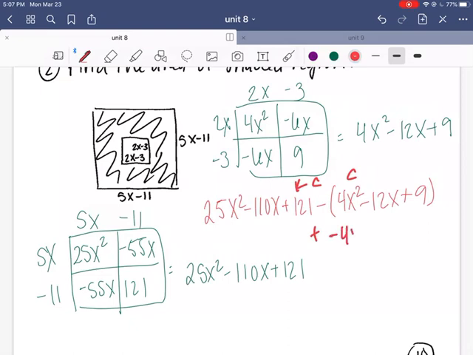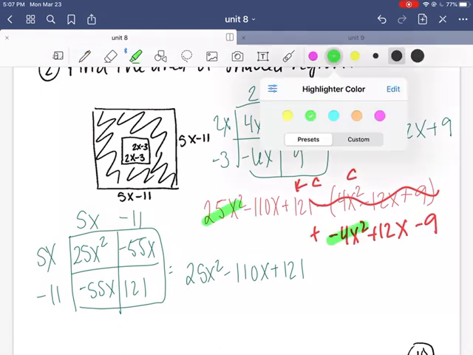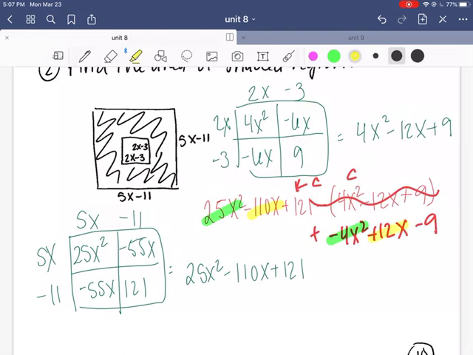Keep, change, plus negative 4x squared, positive 12x, negative 9. And then your like terms. So 25x squared plus negative 4x squared.